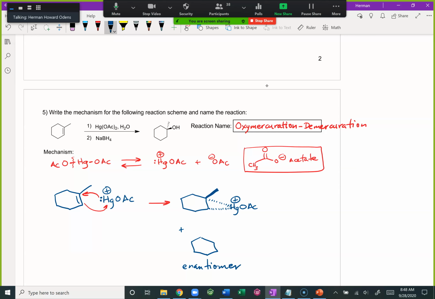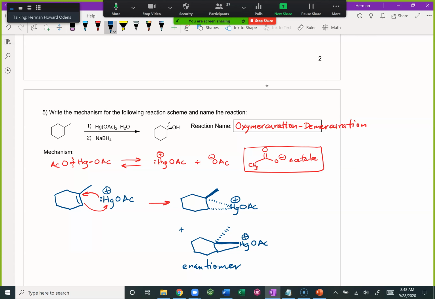So now we have chirality. Now the methyl group could be down, and now this mercury complex will be up. That's what the enantiomer is.